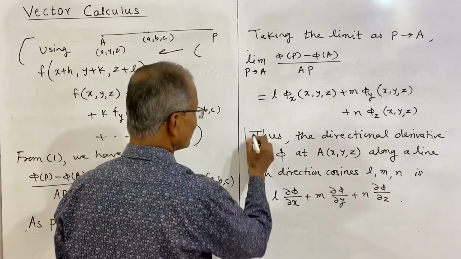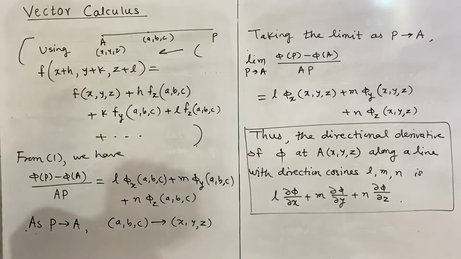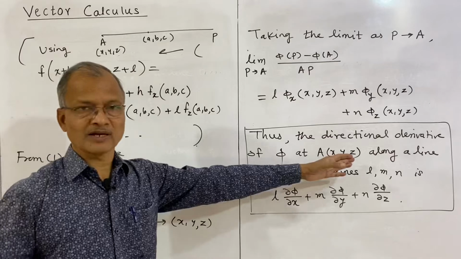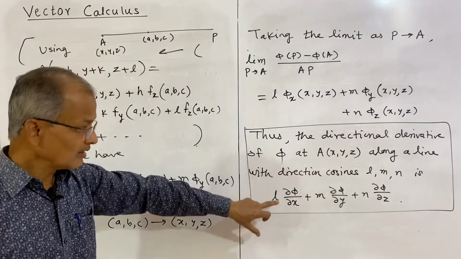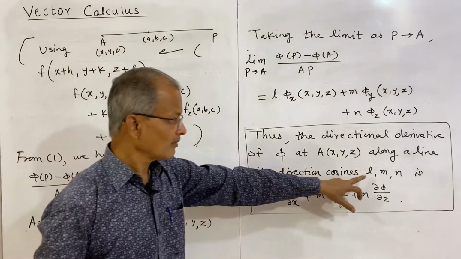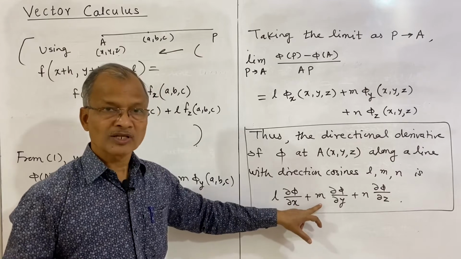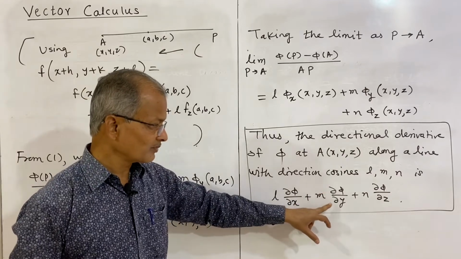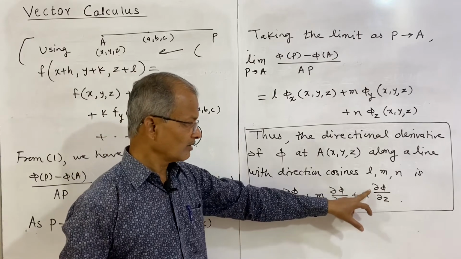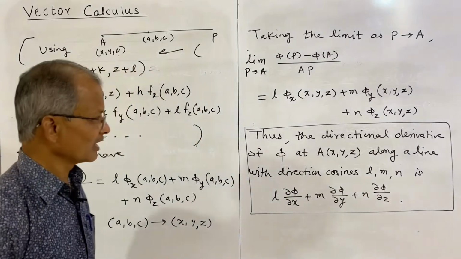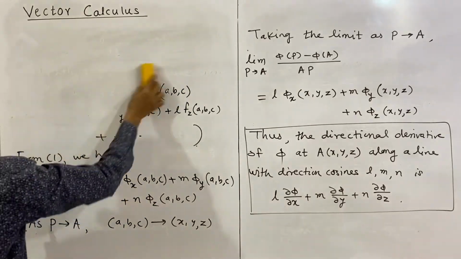The directional derivative of a scalar point function phi at a point x, y, z along a line with direction cosines l, m, n is l times the partial derivative of phi with respect to x, plus m times the partial derivative of phi with respect to y, plus n times the partial derivative of phi with respect to z. Thus we have obtained the directional derivative of a scalar point function.